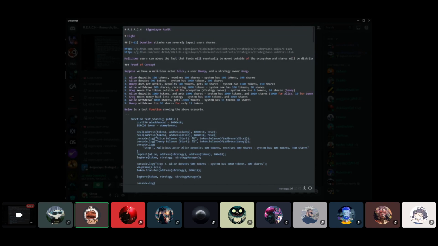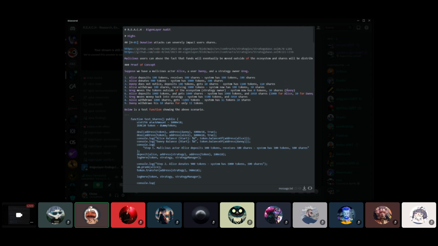And then Greg moves the money back into the strategy. Now the system has 1,100 tokens and 1,010 shares, which is effectively, if we can calculate that, I don't know, I'm not good at math, man. 1,100 divided by 1,010, which is this? 1.08.